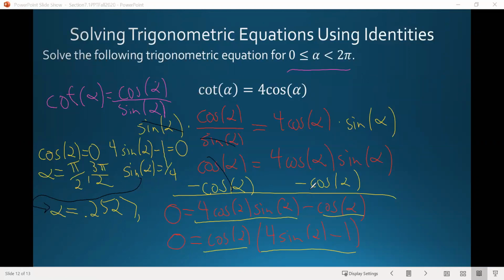Since the sine ratio is positive, we know we should also have an answer in the second quadrant. And so we can do pi minus that to get our second answer, which would be 2.8889. Okay. So we end up with alpha equals pi over 2 and 3 pi over 2, as well as 0.2527 and 2.889.